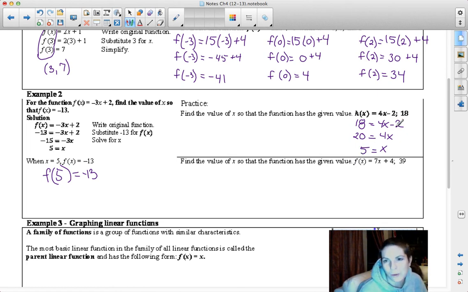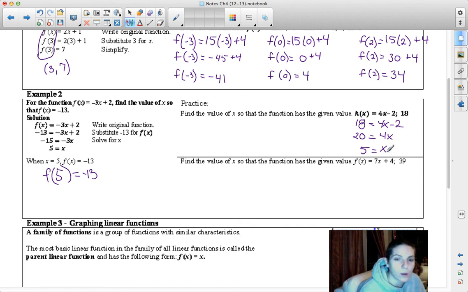Now, I didn't show all of my steps because some of you are ready to start skipping and not showing all of your work. And I wanted to show you what minimum work would look like. I need to see what happened after you added 2, what happened after you divided by 4. But I don't necessarily need to see every step.